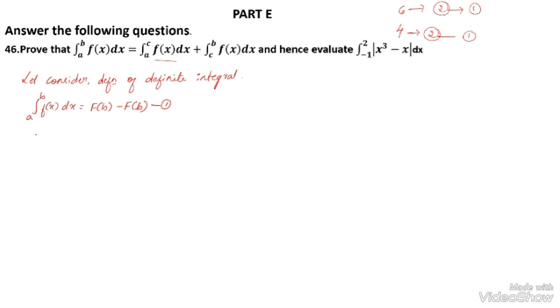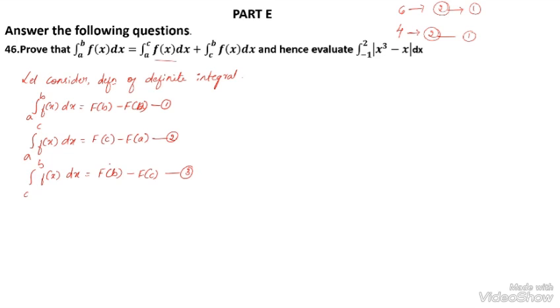For this one, I can write a to c f of x dx is equal to f of c, the upper limit, minus f of a, the lower limit. And the third one, c to b f of x dx is equal to f of the upper limit b minus lower limit f of c. This is equation number 3.